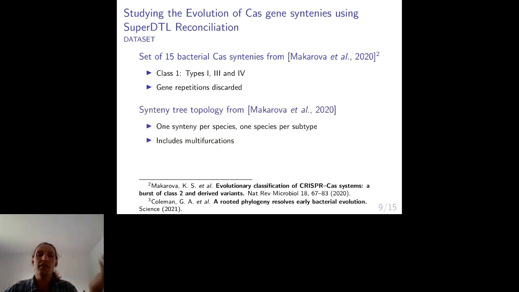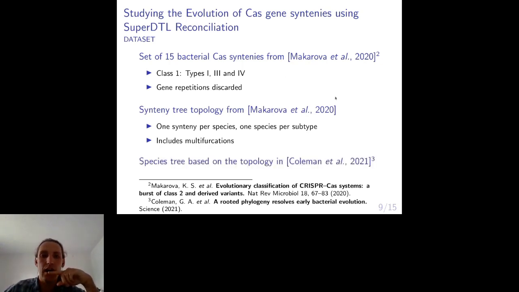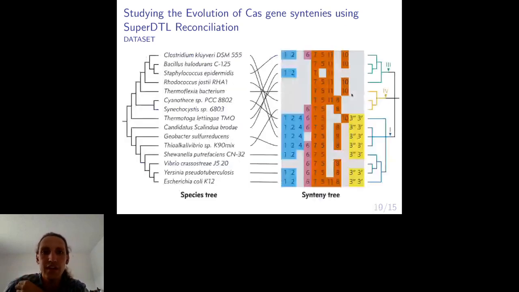We also take as input the synteny tree topology from the same article, where there is one synteny per species and one species per subtype, but this synteny tree also includes multifurcations. And finally, we take as input a species tree based on the topology from Coleman et al., which is the latest up-to-date phylogeny of bacterial species.